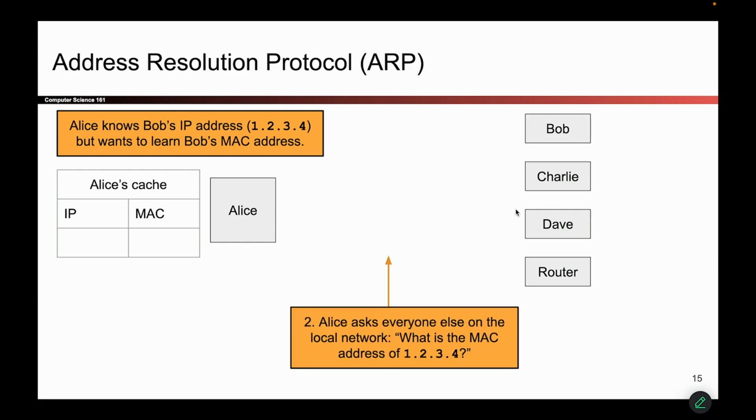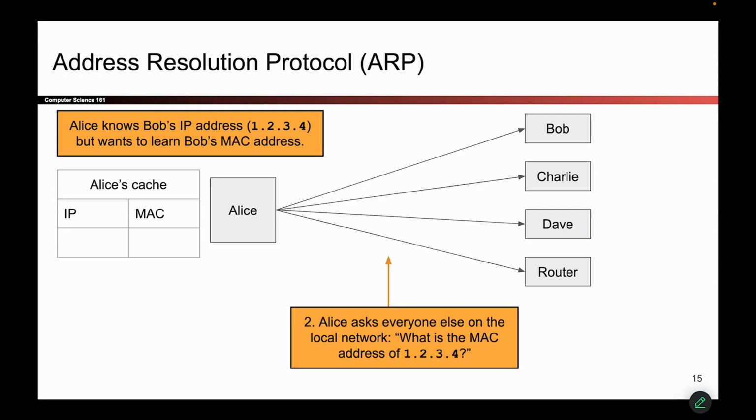So all that she can do is broadcast a request. And broadcast means sending it to everyone. So she will broadcast a request. And the request says, does anybody know the MAC address corresponding to the IP 1.2.3.4? Who knows this answer? I'm going to ask everybody on the local network in the hopes that someone can tell me the answer.